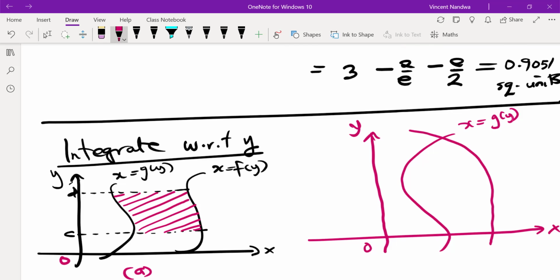This is a graph x equals f of y. Then let this be c, and this point let this be d, such that we are interested in finding the area of this shaded part.